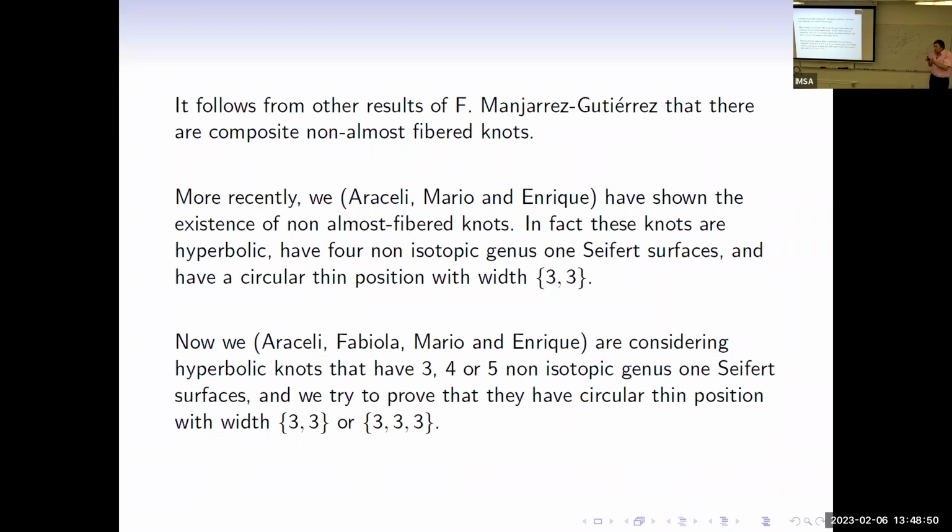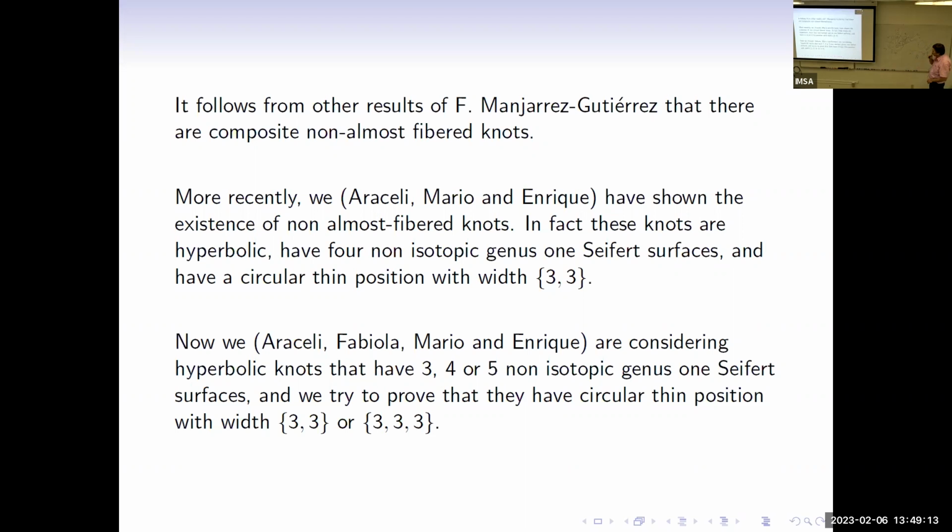So to start the comparison, we look at genus one. And here there should also be a disjoint genus one surface, and here also disjoint.